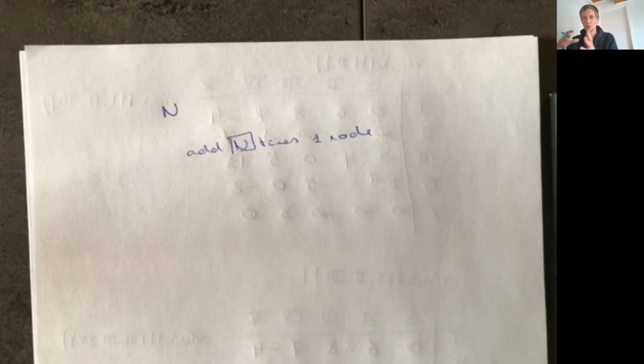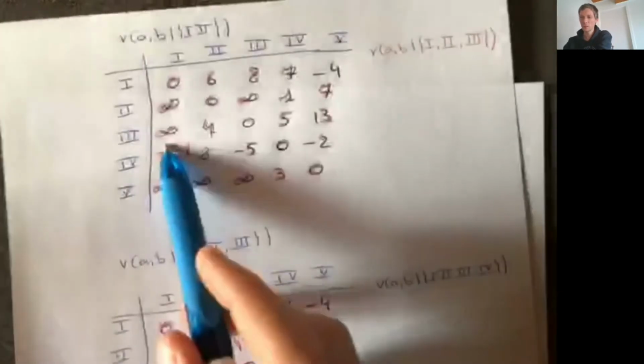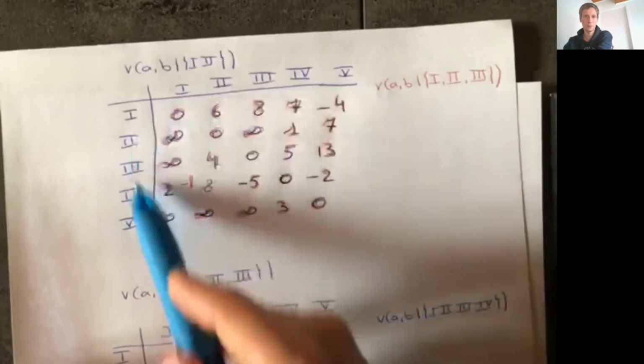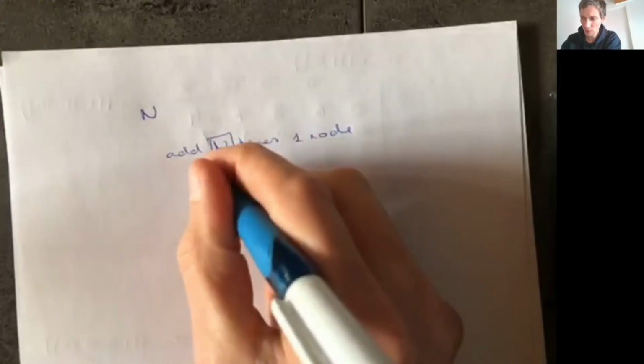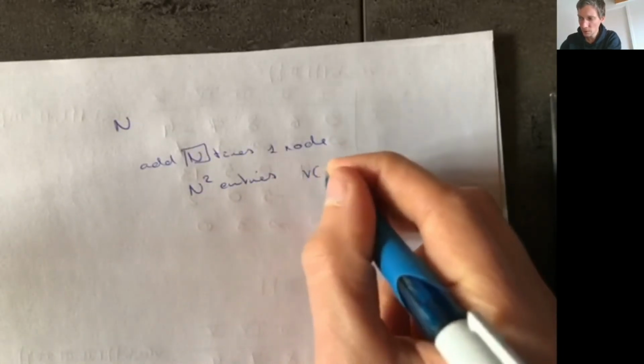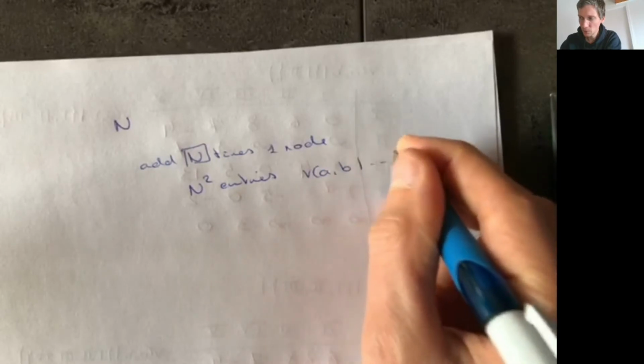And how many entries do we need to update every time? Okay, so basically we had n times n, so n squared entries in the table. So this is of the order n squared entries, right?